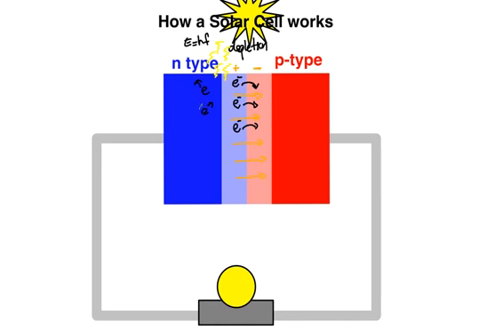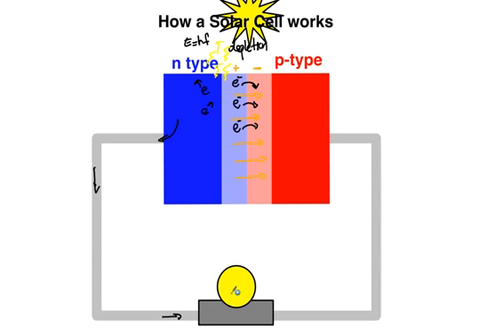Now, we've got electrons being released, and these electrons are free to move. They can move in random directions, but the one problem is that the electric field set up here between the N-type and the P-type prevents any electrons moving in that direction. And so the only natural conclusion is that the electrons will start to move around the circuit.